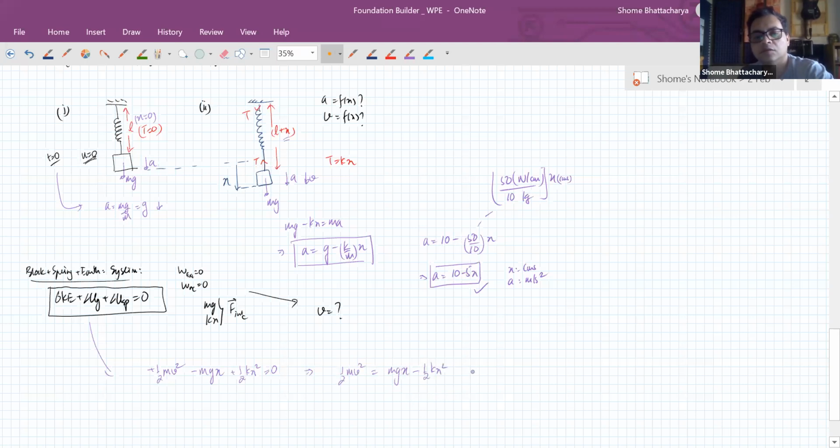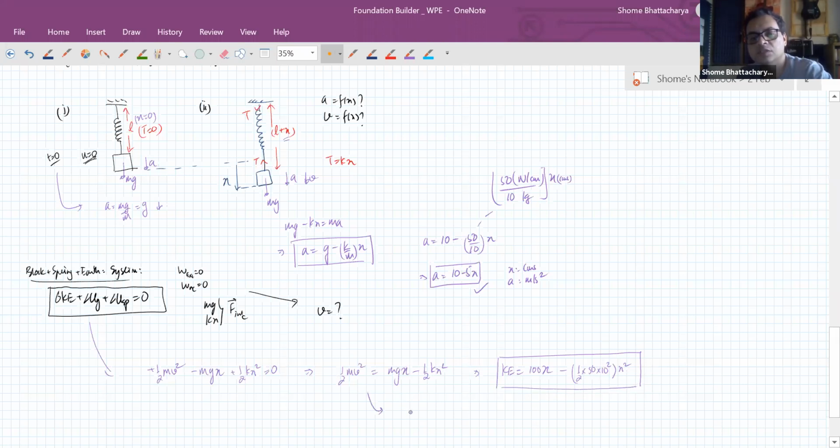Your kinetic energy you can write as the mass of the block was 10 kg, so 100x minus half k. Now in this we'll write k in the SI unit, so 50 into 10 raised power 2 newtons per meter multiplied by x square. So this is your kinetic energy as a function of x.